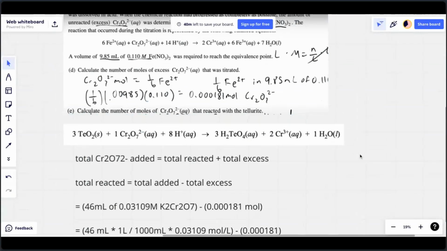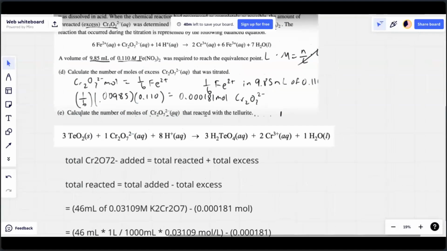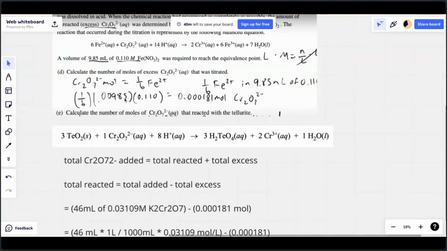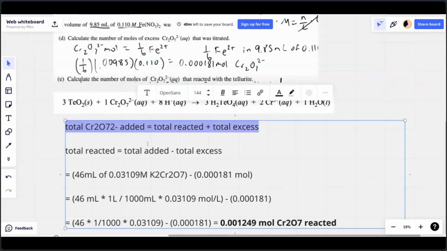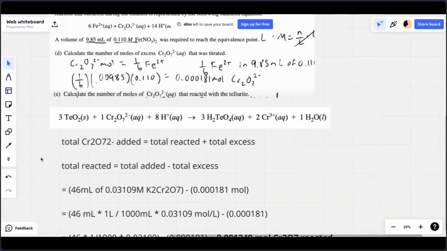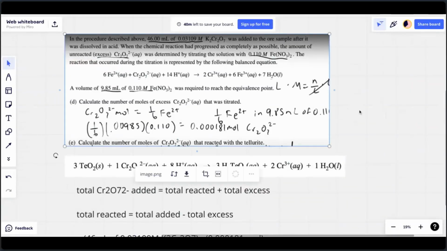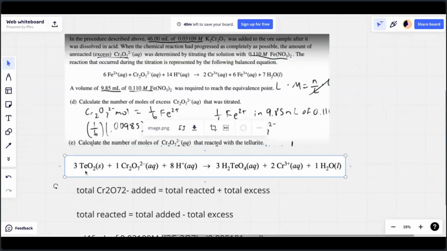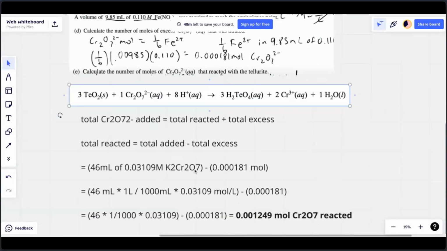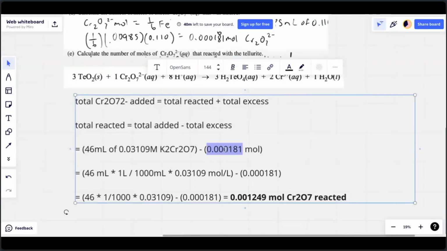So we added iron nitrate to eat up the excess until we had no more dichromate left. And then from there, we could figure out how much reacted, because we knew how much dichromate we added to have this reaction happen. Therefore, we could calculate the excess, and from there we could calculate the total. It's a lot of stoichiometry.